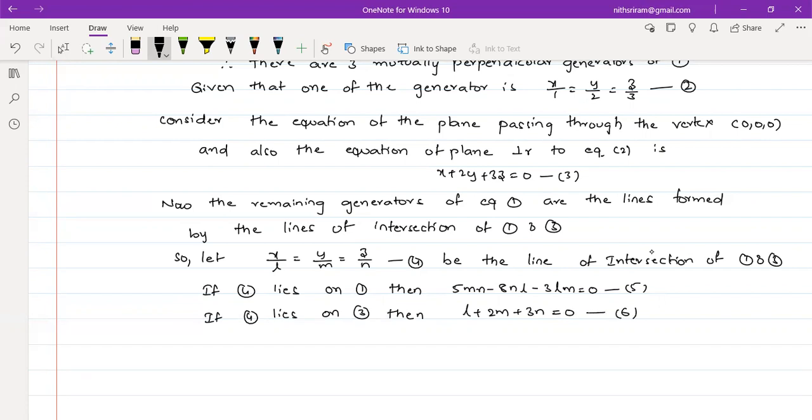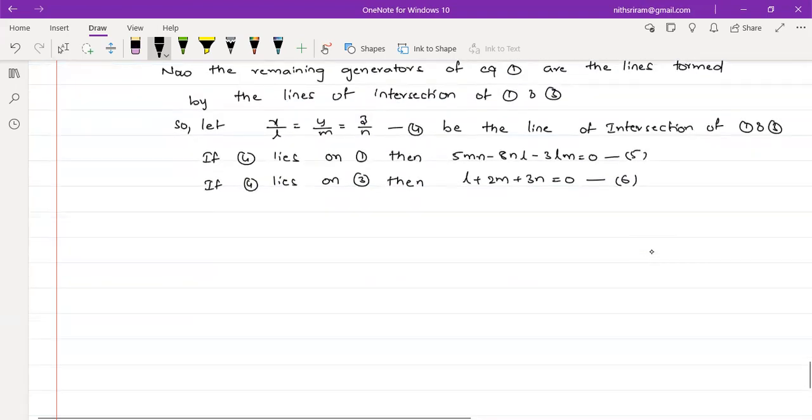Since this line is formed by the intersection of 1 and 3, it is a common line to both of them, so I have substituted in equation 1 and also in equation 3, so that we get two equations in L, M, N. Now we have to solve these two equations. From 6, this implies L is equal to minus 2m minus 3n.